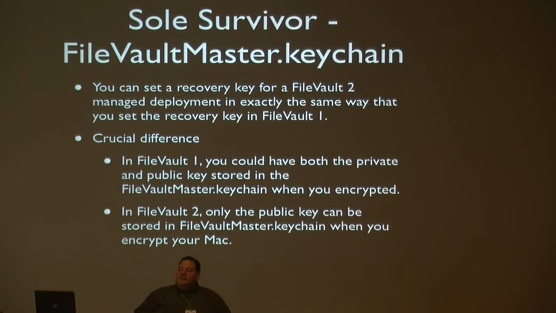If FileVault 2 detects both the private and public keys in your FileVault master keychain, it makes the programmatic assumption that this is left over from an older OS, and it ignores it. In this case, it'll default to setting up an individual recovery key. So if you've got a FileVault master keychain, and you put it on a 10.7 machine, and you go to turn on FileVault 2, and it shows you that alphanumeric string and asks if you want to save it with Apple, double check that keychain.